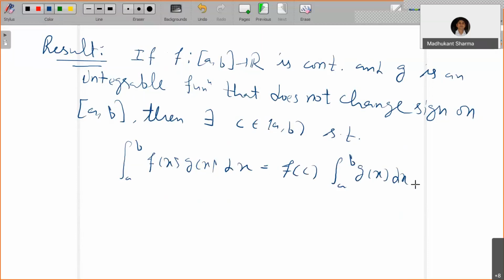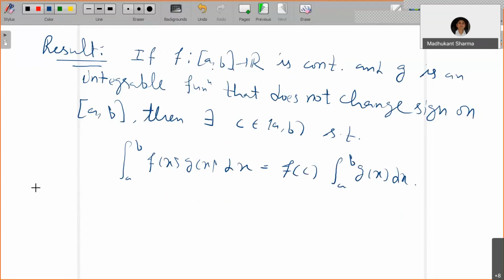Okay, and the proof of this result is also very simple. It uses the mean value theorem as well as the intermediate value theorem, because f is continuous on a closed interval, it attains its bounds. Okay, and then you can work with the results.